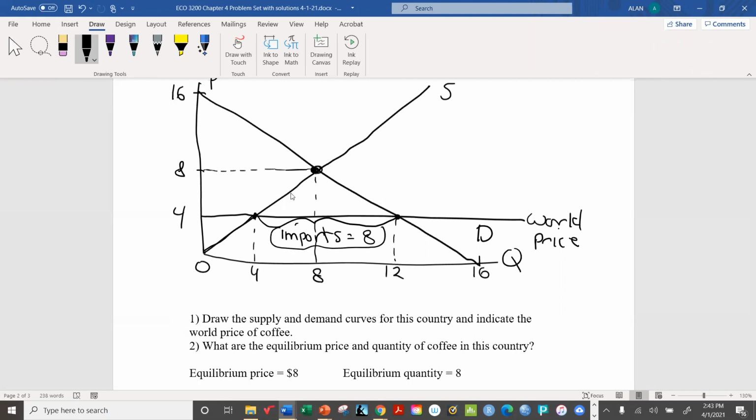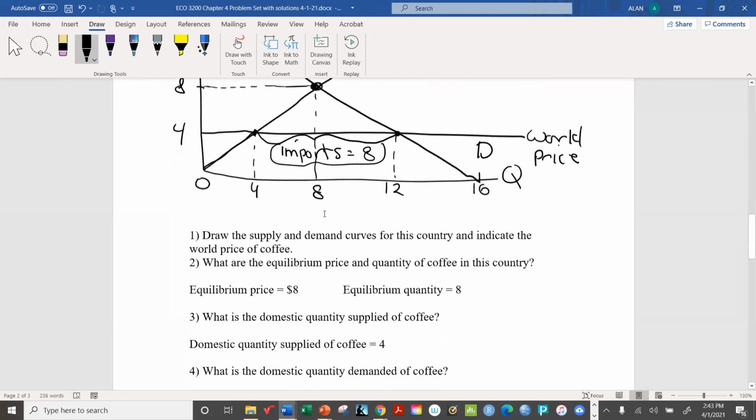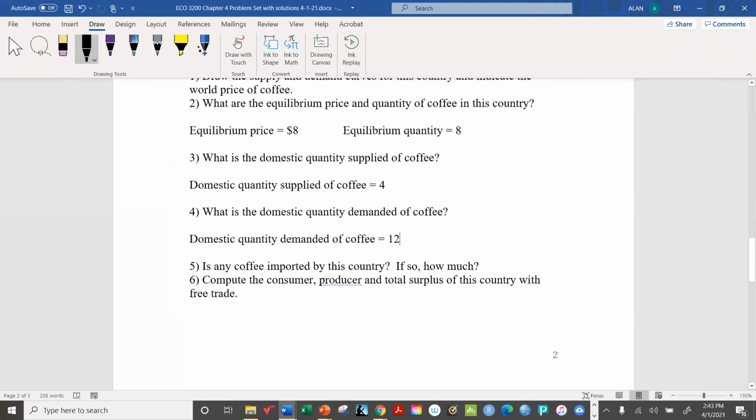So rather than having a shortage where the price will rise to equilibrium, we simply buy the shortage from abroad. In other words, the 8 million pounds comes from foreign countries. So is any coffee imported by this country? The answer is yes. Imports equal 8 million pounds.